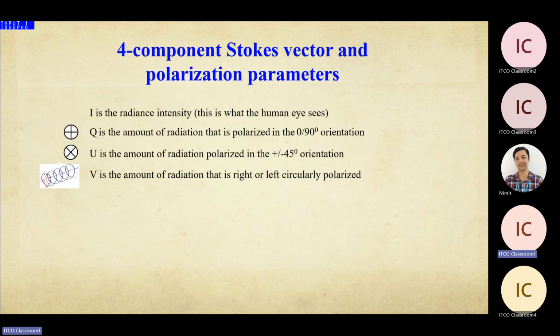So there's something called the Stokes vector, which describes the polarization character of a light beam completely. So I is the intensity. Q is the amount of radiation that's polarized in 0 and 90 degrees, like the laser that we used yesterday. U is the amount of radiation polarized in plus or minus 45 degrees. And then there's something called circular polarization, and you can have right circular polarization and left circular polarization.